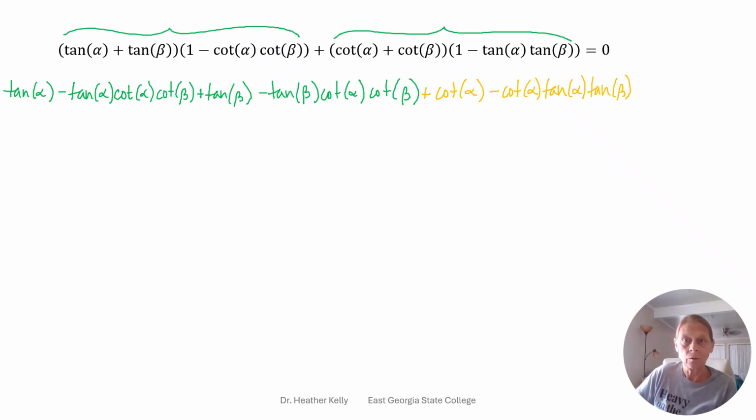And then plus cotan beta, I gotta think thin on this, and minus cotan beta tan alpha tan beta. I'm sorry, I had to fit it all in there. Oh, I was too wasteful with my space over here.